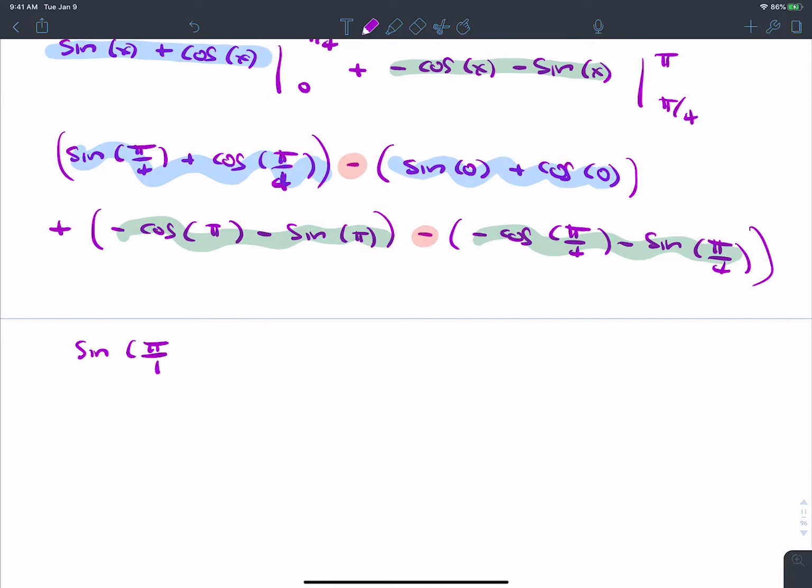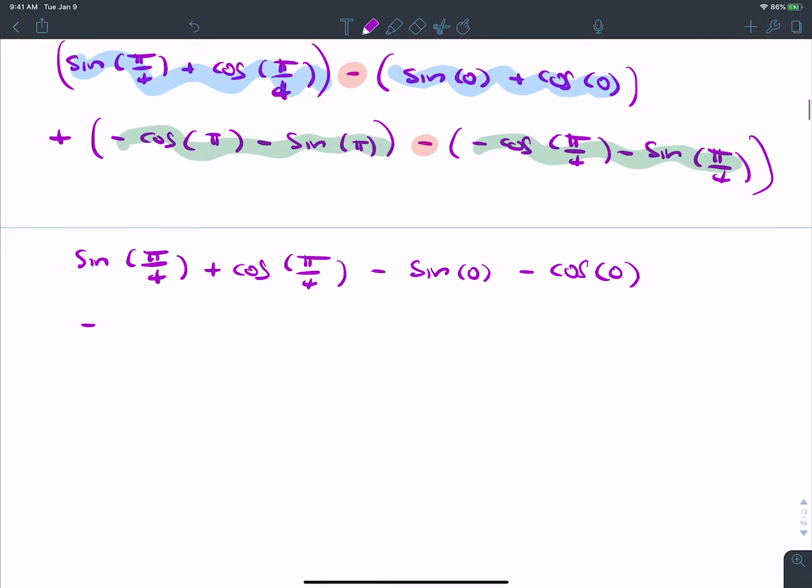Sine pi over 4 plus cosine pi over 4 minus sine of 0, if I distribute, minus cosine of 0. Okay? Now the next line here will be minus cosine of pi minus sine of pi plus cosine pi over 4, looks like plus sine what?